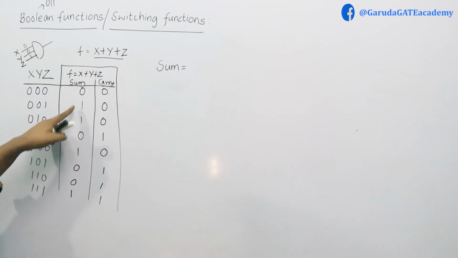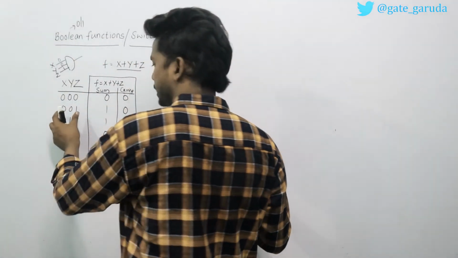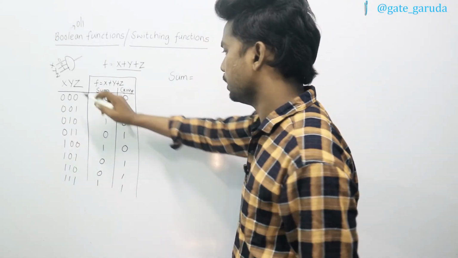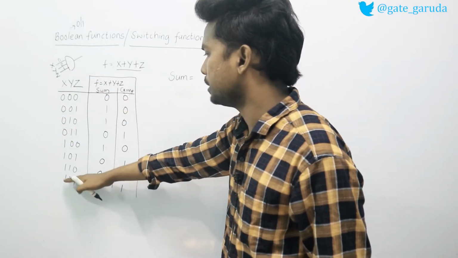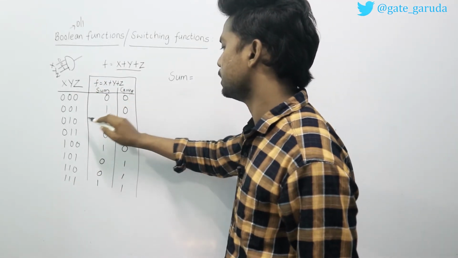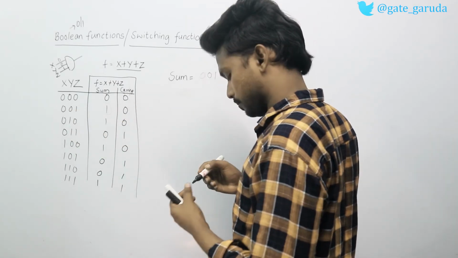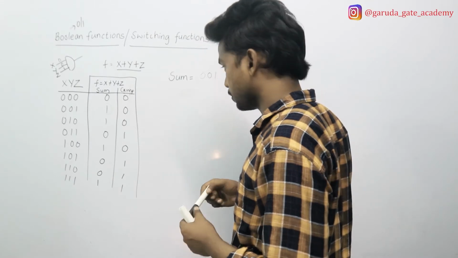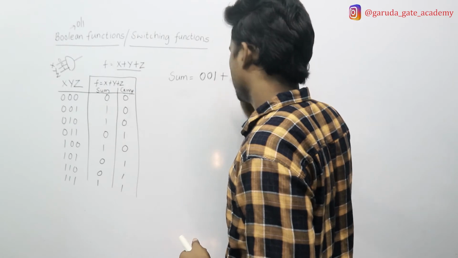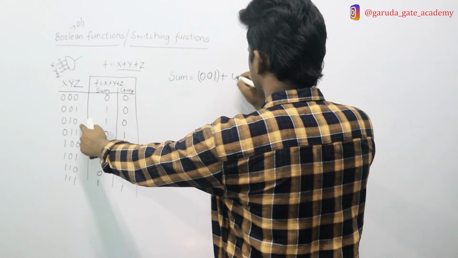So we got 1 here, here, here and here, so 4 ones. We write the corresponding elements in the domain part. As we have already discussed, these are the domain parts and this is the codomain elements. So 1 is here, so we write this one: 0 0 1. And this one 0 1 0.